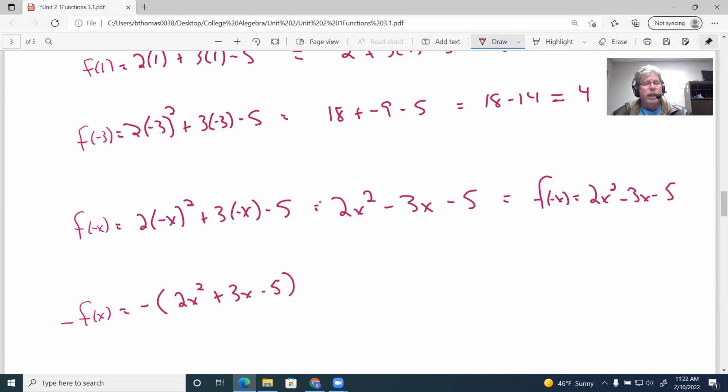And so the negative here just means to take the opposite of the function itself. So all we do here is just change all the signs. So that ends up being negative 2x squared, a negative 3x, and then a positive 5. So negative f of x basically just means to change all the signs. So that means you have negative 2x squared minus this 3x plus 5 as your answer.